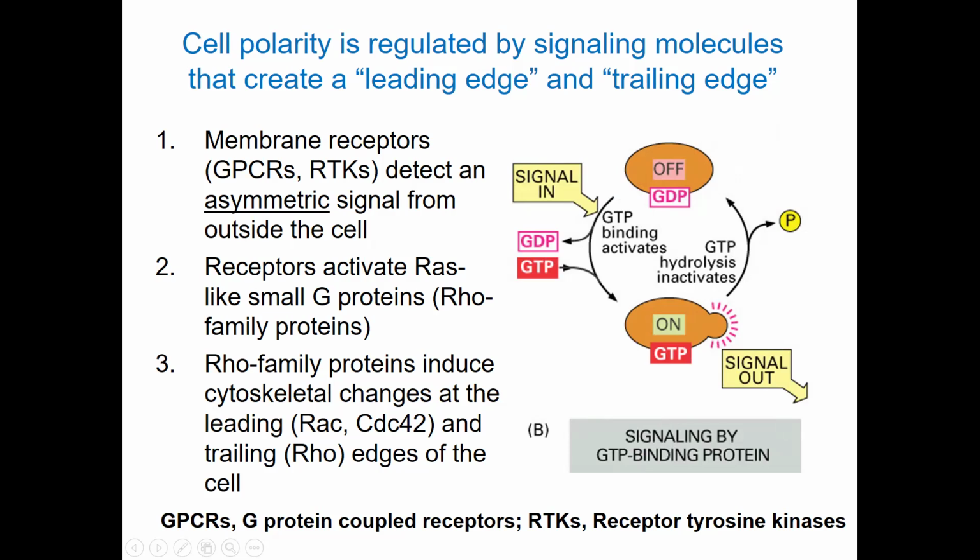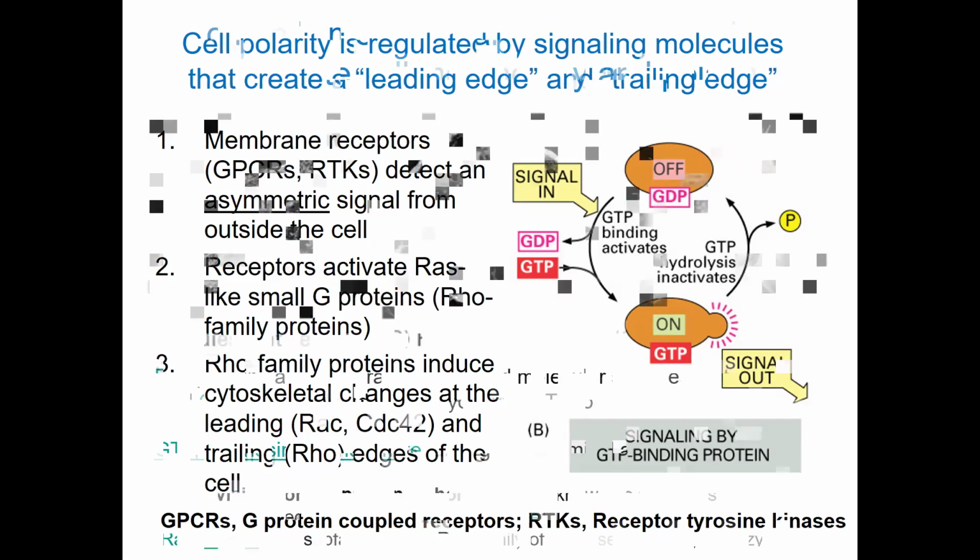That means for polarization of the cell, the signal is also perceived on the polar side, not the whole membrane of the cell. Then it will move in a different direction.